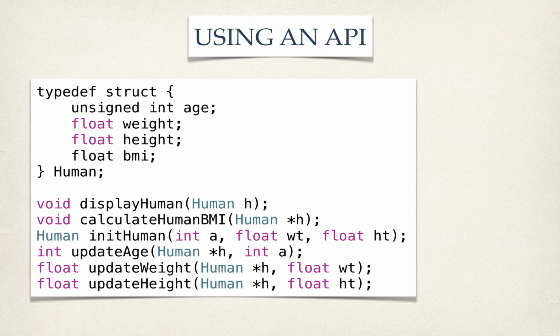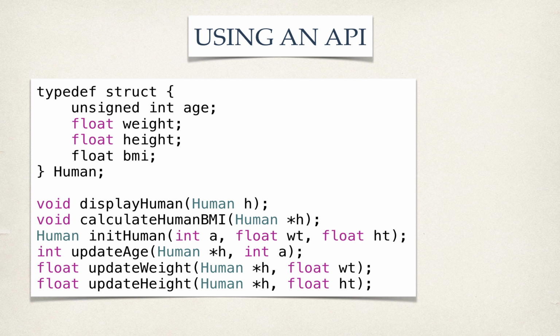If we always pass in a reference to the struct variable that we're working with, person 1, person 2, person 3, whichever one it is, then when we set the age, set the weight, set the height, it can not only set those properties in line, it will also update any calculations that need to be updated automatically. So as long as we use the APIs, it basically doesn't go wrong.